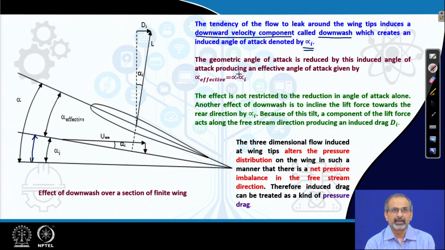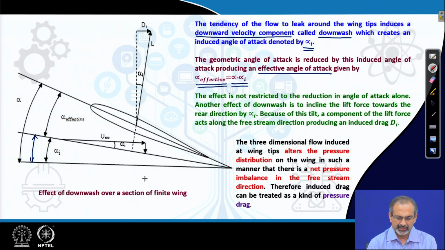The geometric angle of attack is reduced by this induced angle of attack, producing an effective angle of attack. The effective angle of attack is the one which is visible to the airfoil. So, that comes out to be the geometric angle of attack minus alpha I.